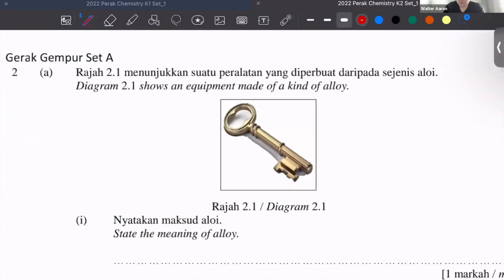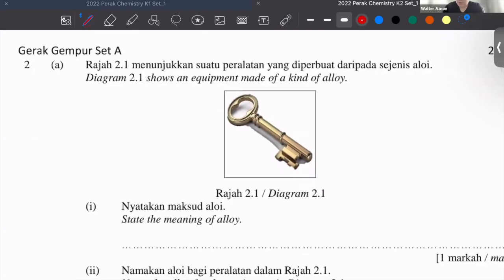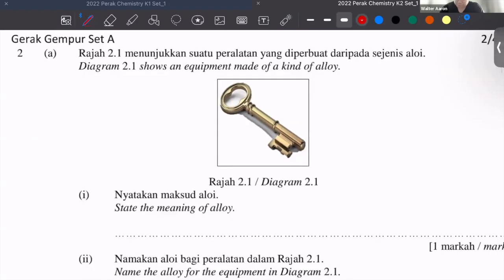All right, number 2. Diagram 2.1 shows an equipment made of a kind of alloy. State the meaning of alloy. Alloy is actually a mixture of 2 or more elements, in which the main element must be a metal.